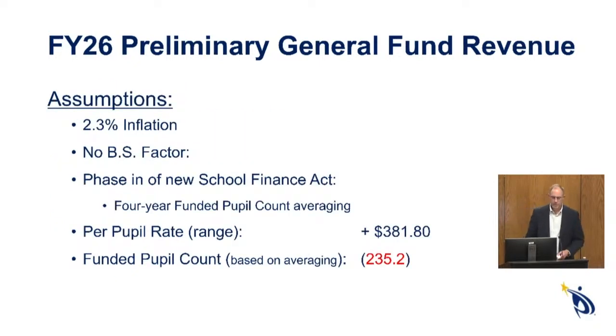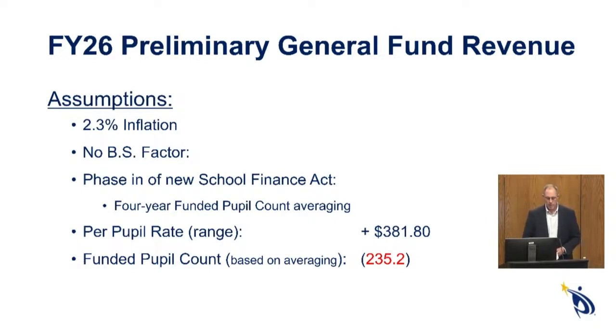So, more assumptions. What's behind especially that total program number, that $319 million? We've talked about this before. The 2.3% inflation rate is driving the School Finance Act. Additionally, for the second consecutive fiscal year, there is not scheduled to be a budget stabilization factor in the formula. And the phase-in of the new School Finance Act itself, with some changes in how some of the factors are calculated and implemented, is producing that change in revenue.